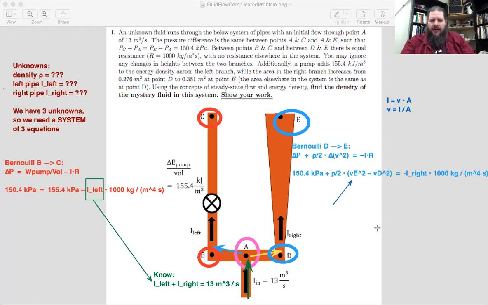This one and this one. Those are both just going to be I right over an area. I right over the area at E, which was 0.381 meters squared, and I right over the area at D, which was 0.276 meters squared.